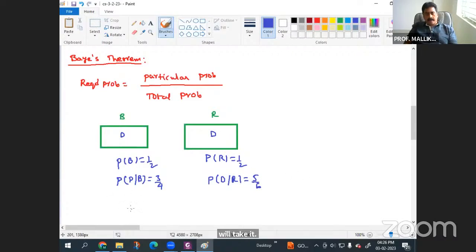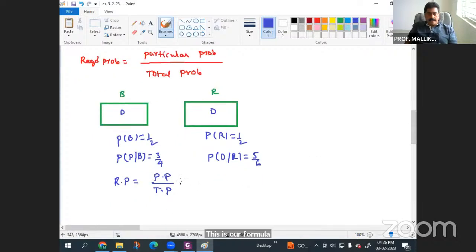Now he is asking, our formula is required probability is equal to particular probability by total probability. This is our formula. So particular probability, we will see first the total probability.